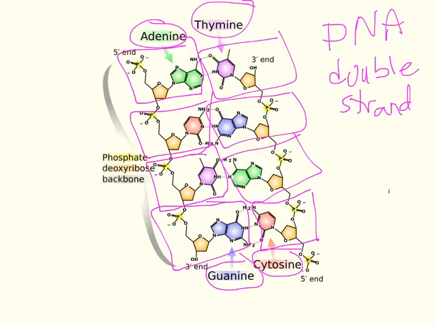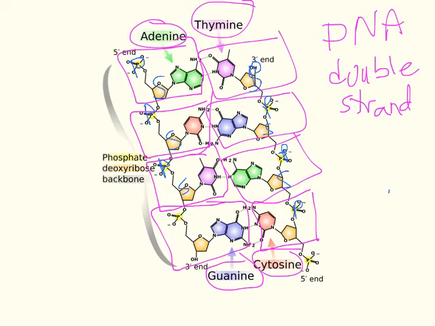All right. Down the sides of the molecule, you can see phosphate, sugar, phosphate, sugar, phosphate, sugar. Other side, phosphate. Sugar, phosphate, sugar, phosphate, sugar, phosphate. So the sides of the molecule are made up of alternating phosphates and sugars.